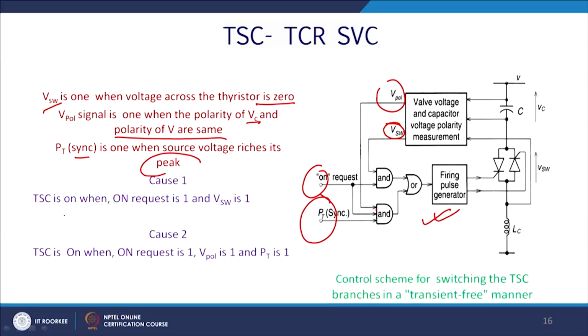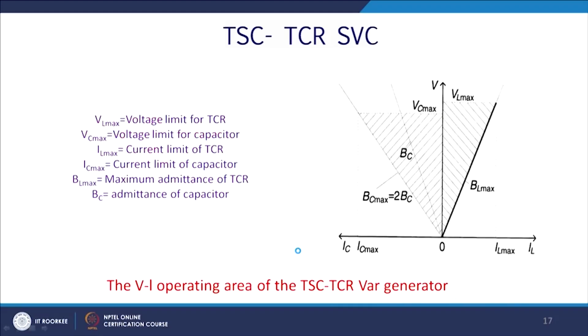So, TCSC is on when the request is 1 and SW is 1, that means the voltage across this thyristor is 0, or TCSC is on when the request is 1, the pole potential is 1 and the PT is 1. In these circumstances it will also turn the thyristor on.